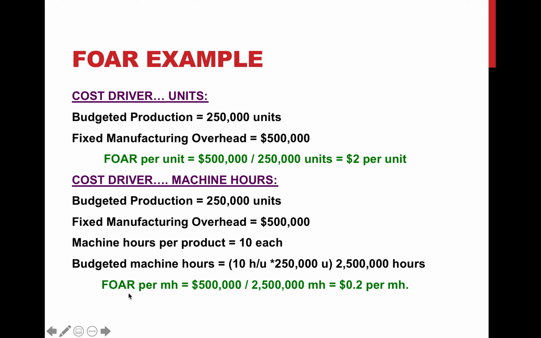So your fixed overhead absorption rate per machine hour is 500,000 divided by 2.5 million machine hours. That is going to be 0.2 per machine hour. But remember, you need 10 hours per unit, so if you multiply this times 10, you again have $2 per unit produced.